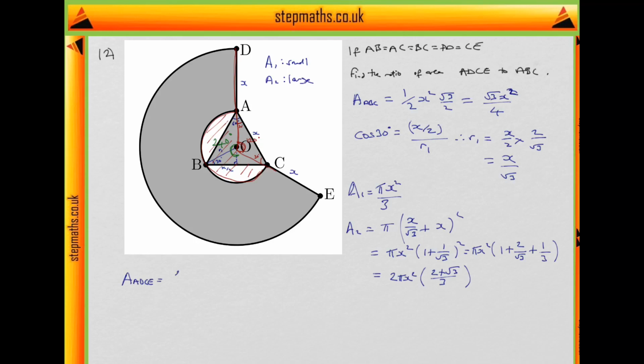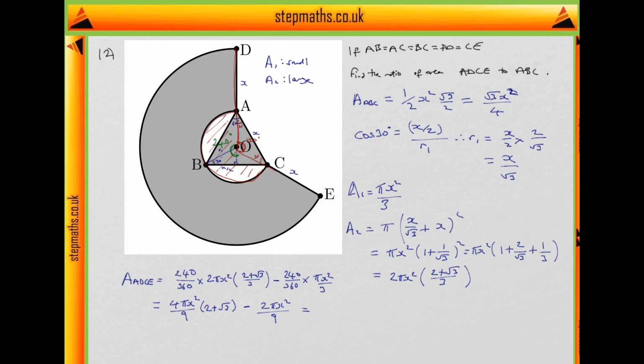So that means our area ADCE is equal to 240 over 360 times the area of our large circle, which is 2 pi x squared times (2 plus root 3) over 3, minus 240 over 360 times the area of our small circle, pi x squared over 3. Well, 240 over 360 is 2/3. So this gives us 4 pi x squared over 9 times (2 plus root 3) minus 2 pi x squared over 9.